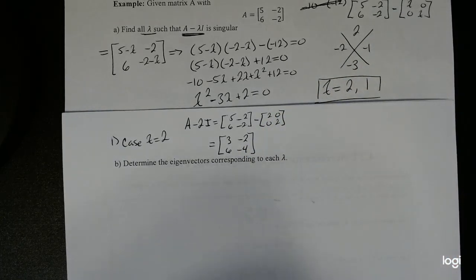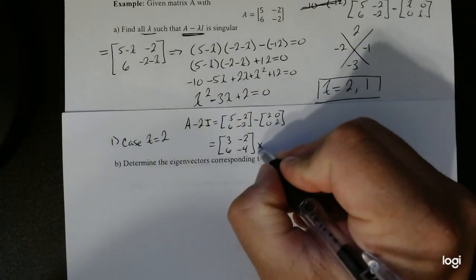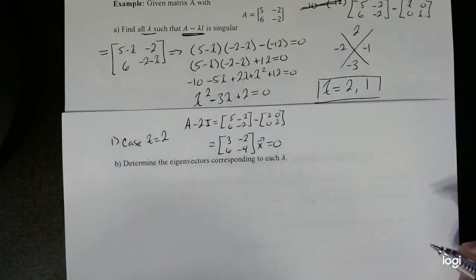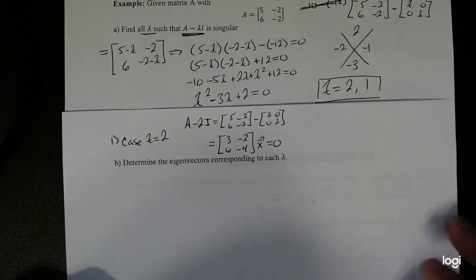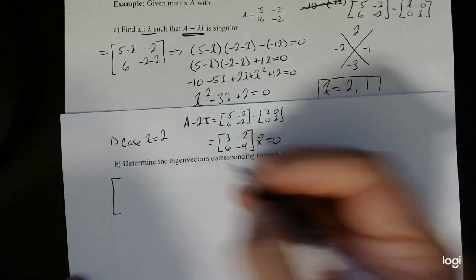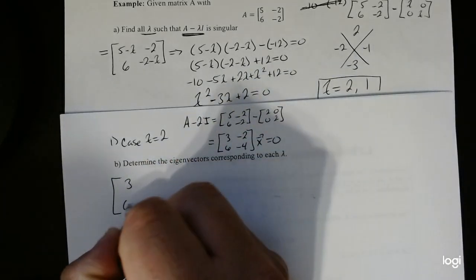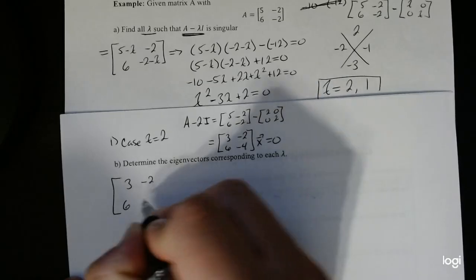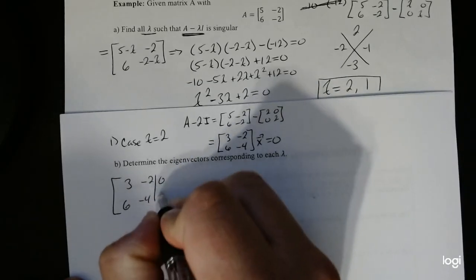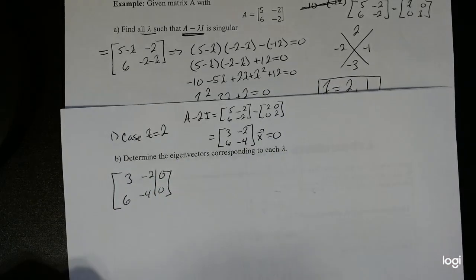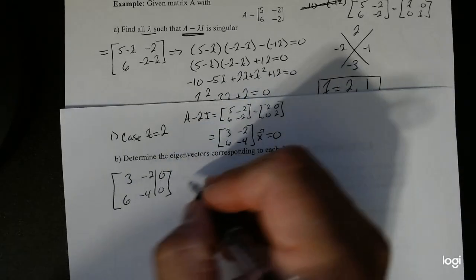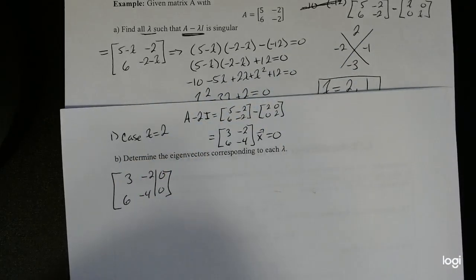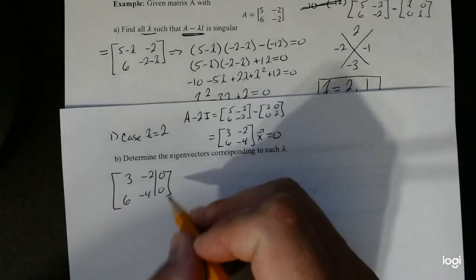Now I just solve the equation, so in other words, it equals 0. What does that mean? Just do row echelon form, because we know it equals 0. So let's see what we can do. We can divide by 2 here.